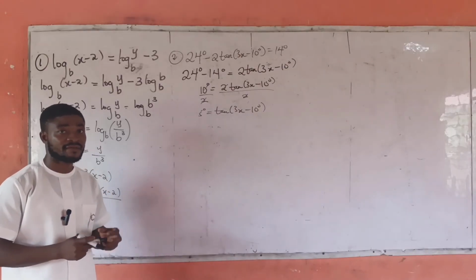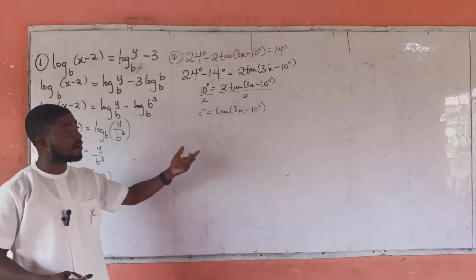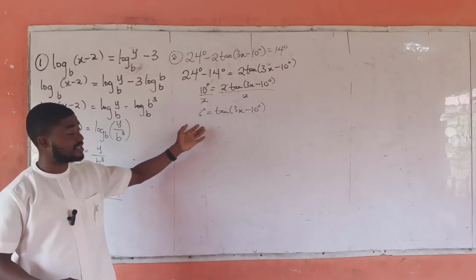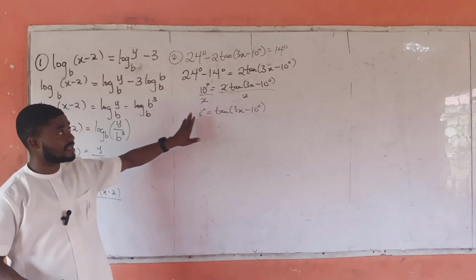So to find the value of x from here, we need to find the tan inverse of 5 degrees, which is the same as tan inverse of tan, which would cancel out. Then we find the tan inverse of this side as well.